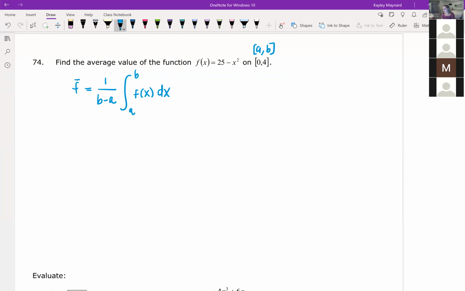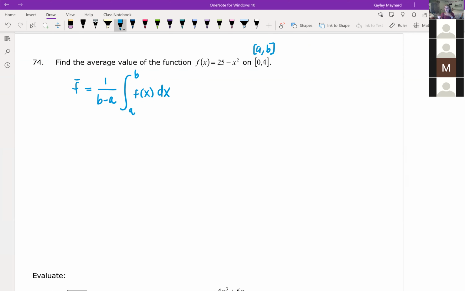Okay, so all we need to do is plug in what we have into this formula. If you're given a function on a closed interval and it wants the average value, you're going to integrate across that interval and then multiply by 1 over b minus a. And b minus a is just the length of the interval.